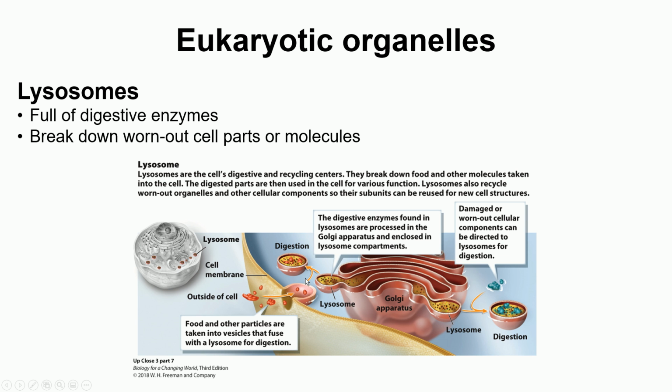Something coming from outside forms these vacuoles, and then those vacuoles combine with these lysosomes, which have hydrolytic enzymes, and the material is chopped off and degraded. That is why this is the garbage disposal system of the cell.